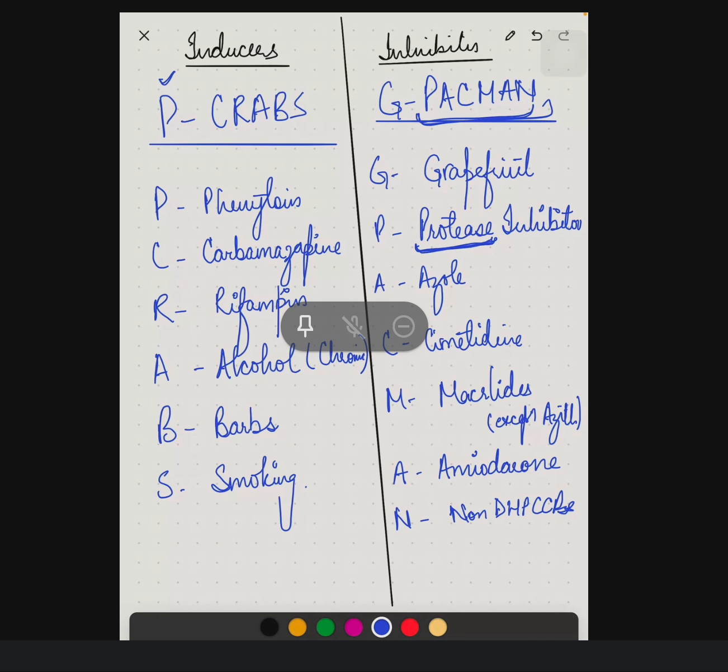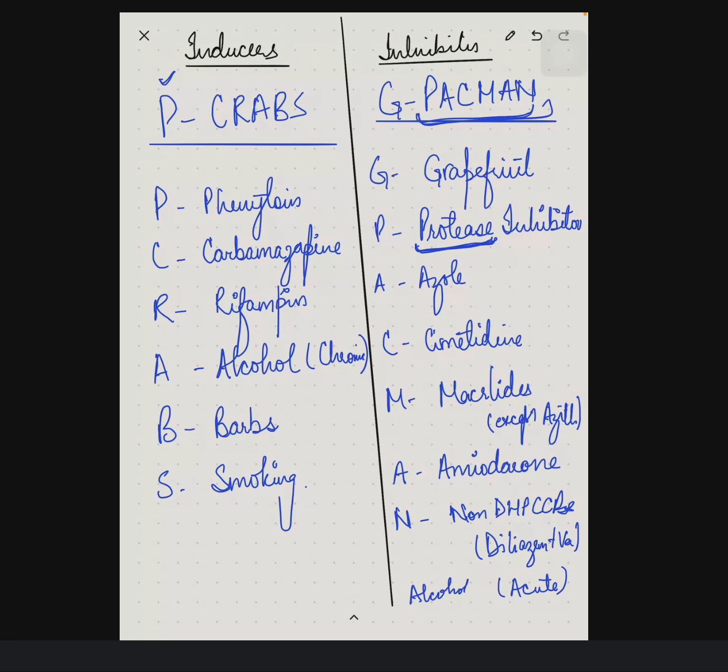And if you remember, non-dihydropyridine CCBs act on both smooth muscles and heart, on the calcium channels, and the drugs under this are diltiazem and verapamil. And two more I would like to mention here: acute alcoholism and metronidazole.